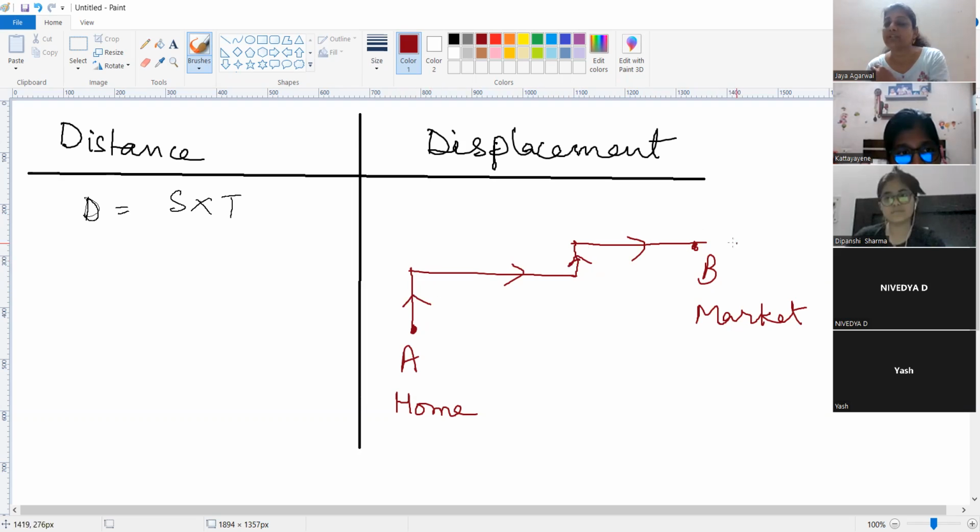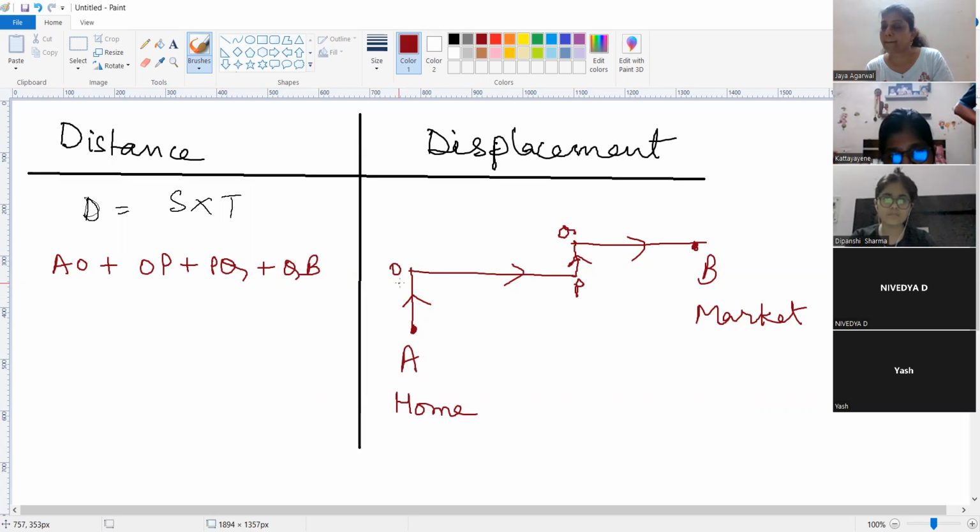So this is how we reach the market. From A you go to point O, then point P, then point Q, and then you reach point B. So this is distance: AO distance plus OP distance plus PQ distance plus QB distance.